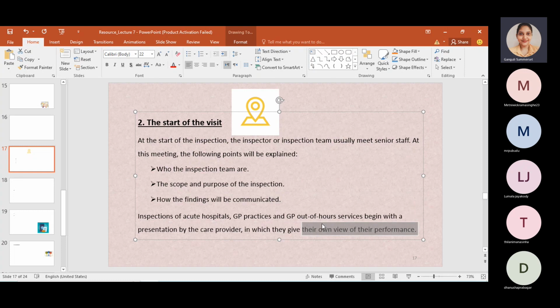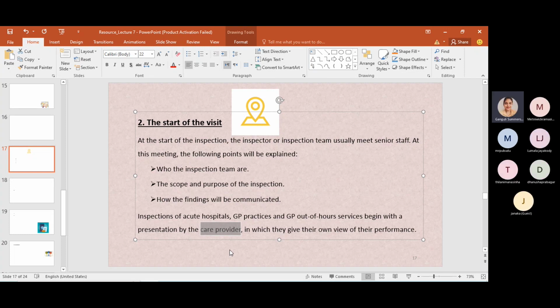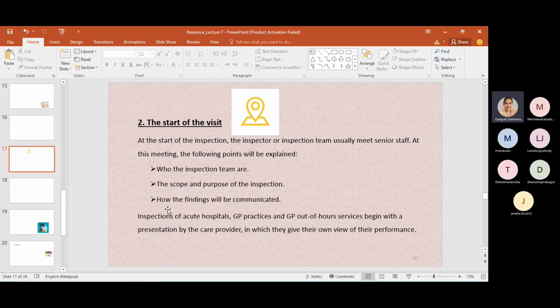So this is something like a self-reflection. The care provider is reflecting on their own performance in this presentation. That is what happens at the start of the visit, the start of the inspection.